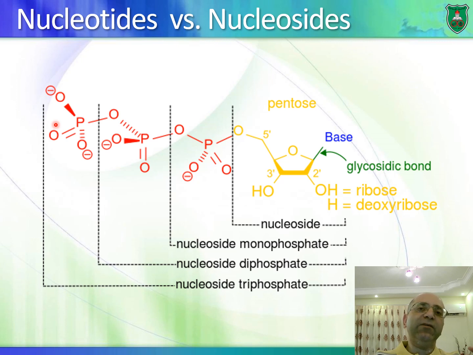If I say nucleoside monophosphate, it's a nucleoside, so it contains a sugar and a base. And if I say monophosphate, I know now it's a nucleotide and it has 1 phosphate group. So I can be more specific and say nucleoside diphosphate. I know it's a nucleotide because it contains all 3 components, and specifically it has 2 phosphate groups. Similarly, I can say nucleoside triphosphate, so it contains 3 phosphate groups. This naming is really important.